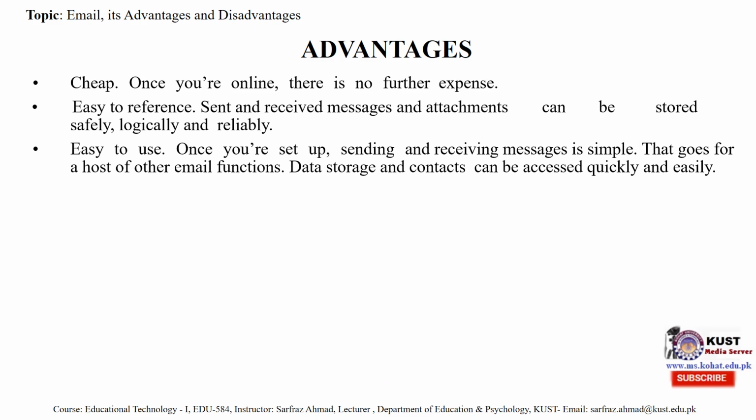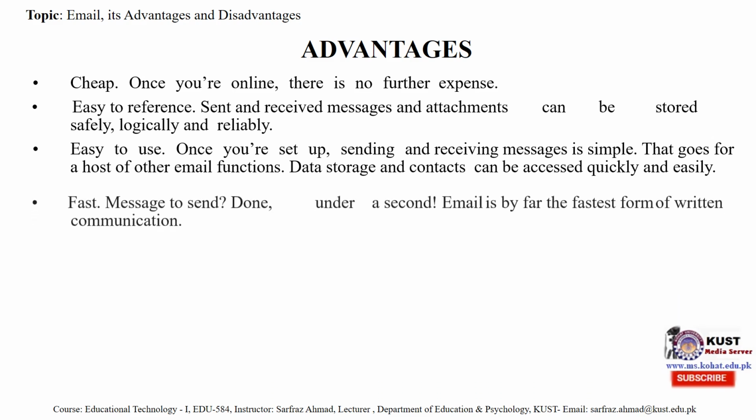Once you are set up, sending and receiving messages is simple. That goes for a host of other email functions, like data storage and contacts, which can be accessed quickly and easily. If we want to search for old emails, I can directly search the email sent to you, or if somebody sent it to me, that email can easily be traced in my inbox.